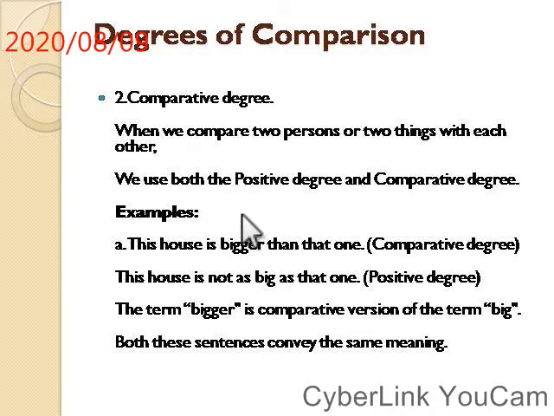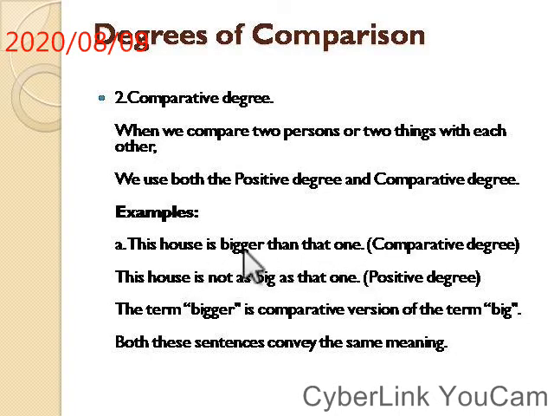Comparative degree, bigger. Okay. Here, this house is not as big as that one. Positive degree. This is comparative degree. Remember, in comparative degree it should be bigger. In positive degree it should be big. Big, bigger. This house is bigger than that one.